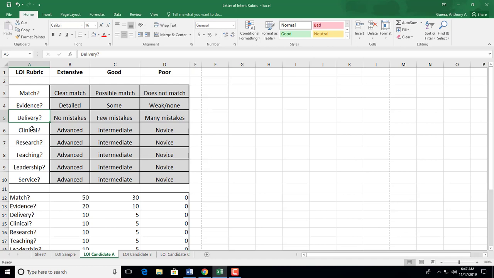Then the big 5. How is their clinical, research, teaching, leadership, and service experience? And is it advanced, intermediate, or novice? Okay. And when I look at this, I say, okay, well, this allows me to give points.